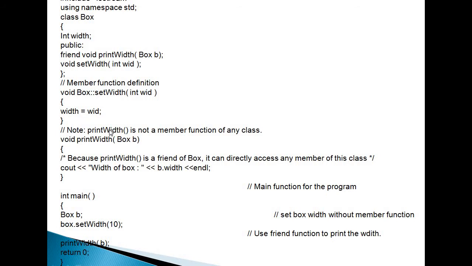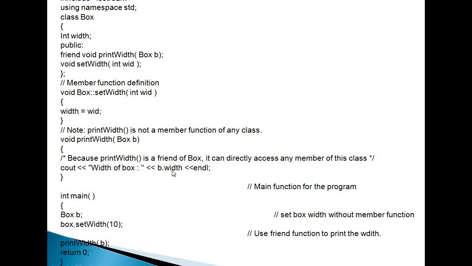Now, this is not a friend function. Now we again define the friend function here: void printWidth(Box b). So this is the friend function. Because printWidth is a friend of Box, it can directly access any member of the class. That is why it displays cout width of box is b dot width.